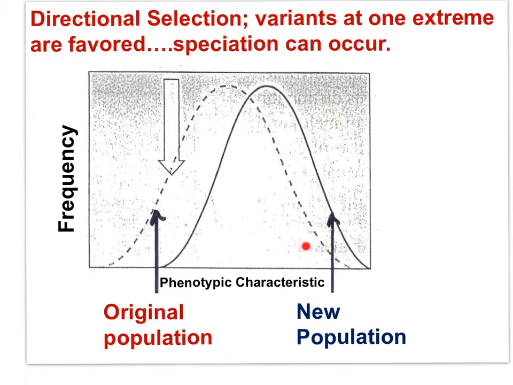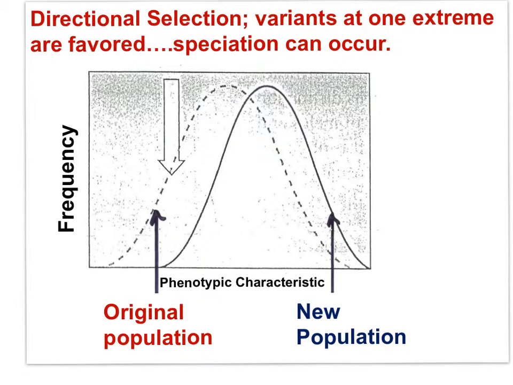The long-winged butterflies reproduce in higher numbers, however slightly, and the curve shifts to the right. This curve represents time 1, and this curve represents time 2. A change in the allele frequency in the population over time results in a phenotypic shift, evolution.